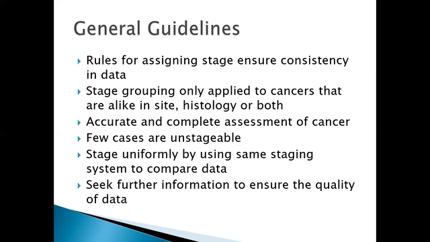It is also important to seek further information if staging information is unclear to ensure the quality of data. If you think a physician can answer the question of the extent of disease and it's just not noted in the documentation, then by all means, you should ask them.